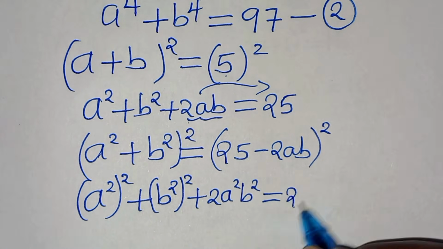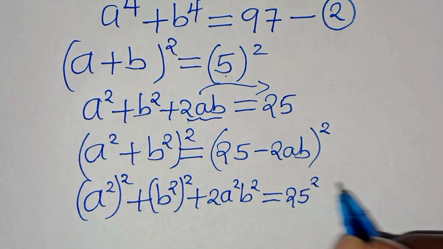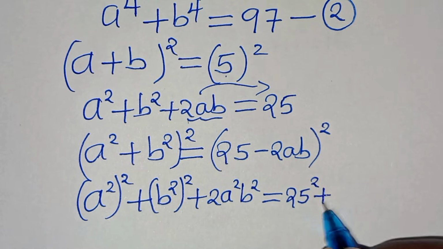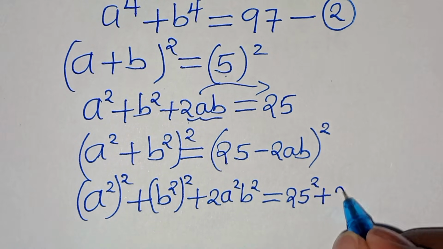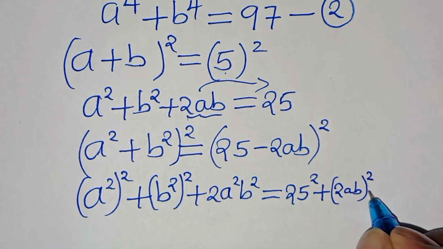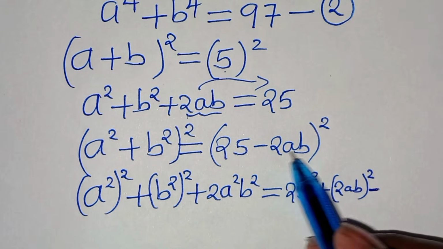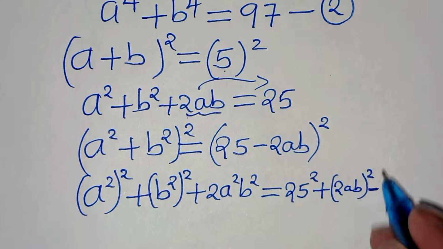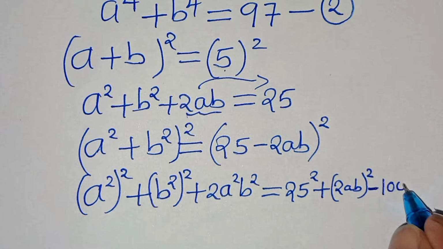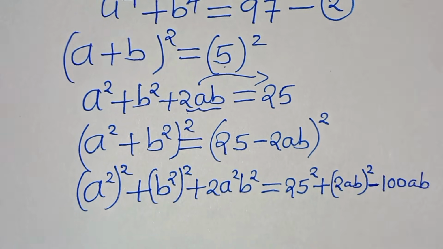This is the same thing as 25 to the power of 2, then plus 2ab raised to the power of 2, then minus 25 times 2ab, this is 50 times 2, so we have 100ab.